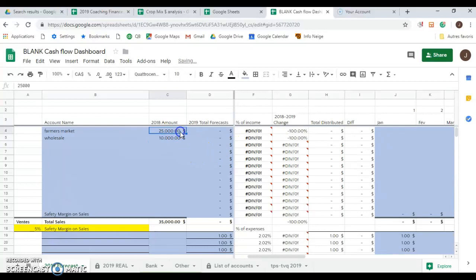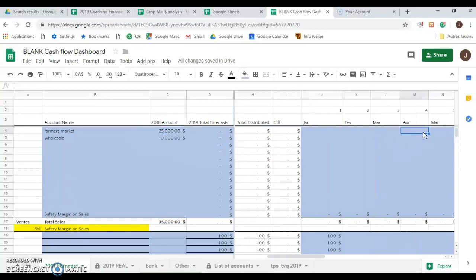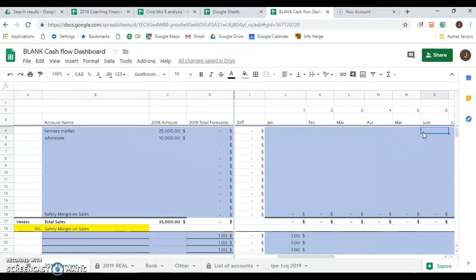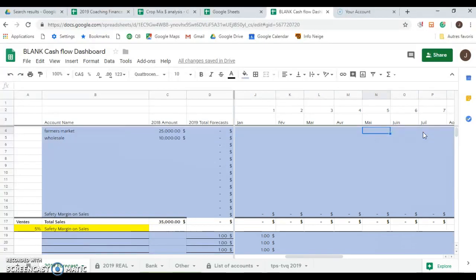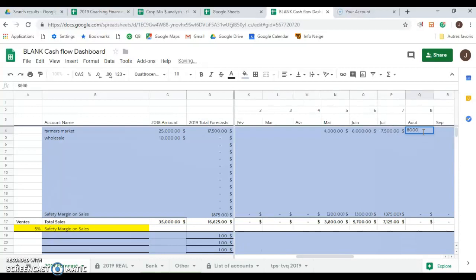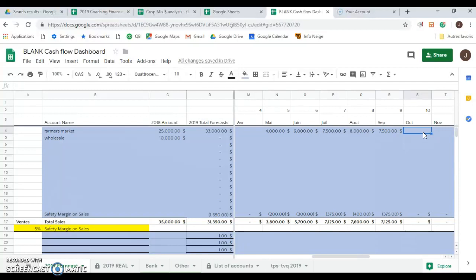And so this year we'd be like, well, how much are we going to sell this year? So the first approach is that we actually go over here in the months and distribute it. So let's say 4,000, 6,000, 7,500, 8,000, 7,500, and October, let's say 6,000.